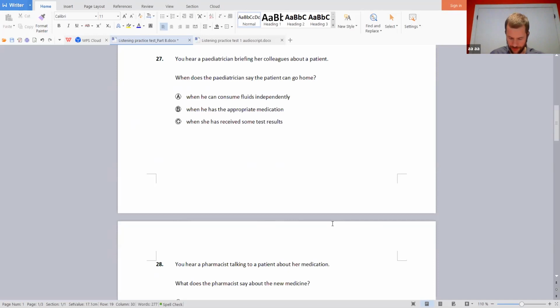Tasneem, one of our VIP doctors on our program, said A. Talsip, also one of our VIP students, said A. Lots of A's. Lots of people saying A. Wow. Okay, good. Most people here saying A as well.